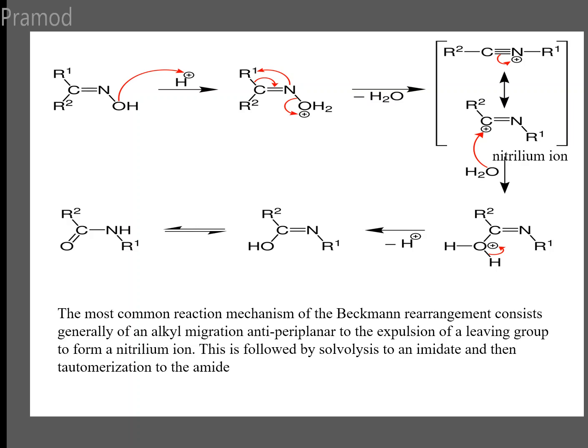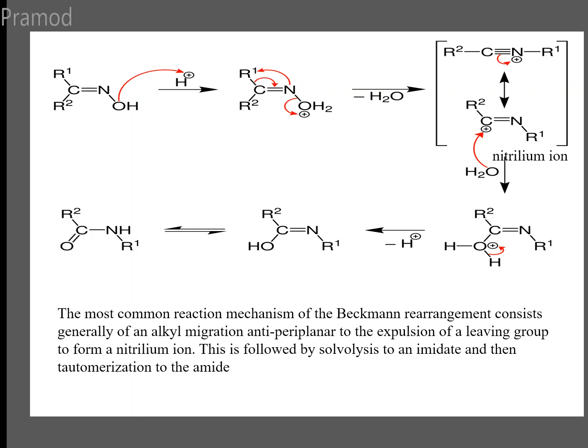There is a 1,2 migration of the trans group, not the cis. The group on the same side as OH does not migrate. This was studied using isotopic labelling, and it was understood that trans migration takes place.